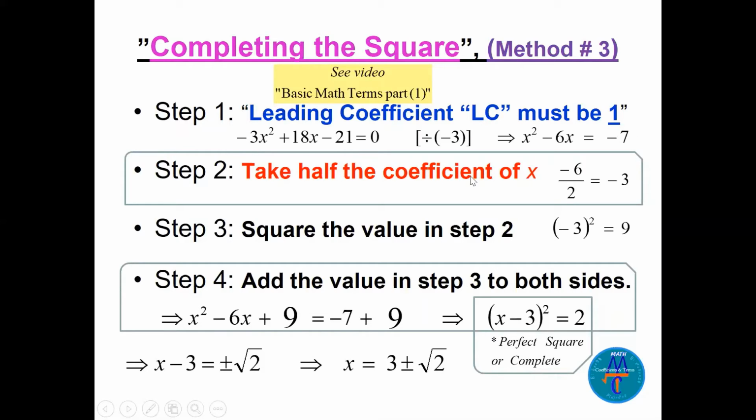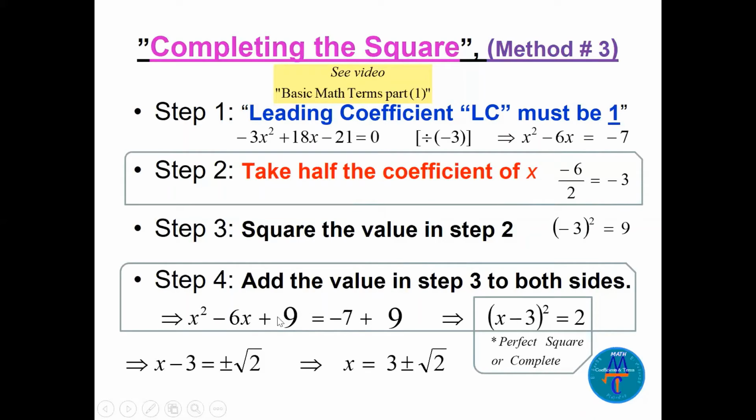Now take half the coefficient. Now I'm explaining the method of completing the square, but if you need to see more examples, you have to go to the algebra course. So we take half the coefficient of x. So minus 6, half of it is minus 3. Square it. Minus 3 squared is 9. You add 9 to both sides of this equation.